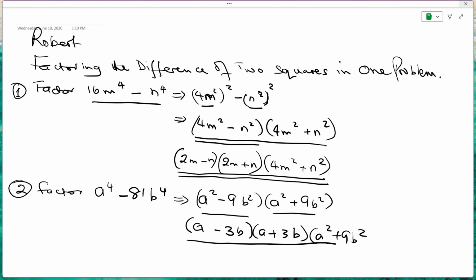And that will be our final answer. In other words, we'll have factored the difference of two squares, these two squares, in one problem.